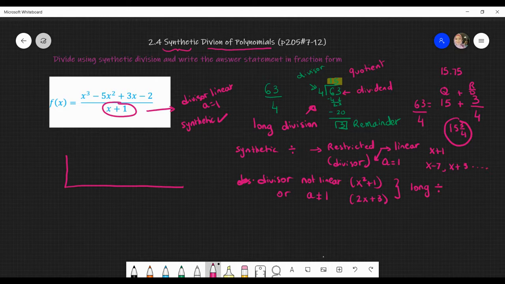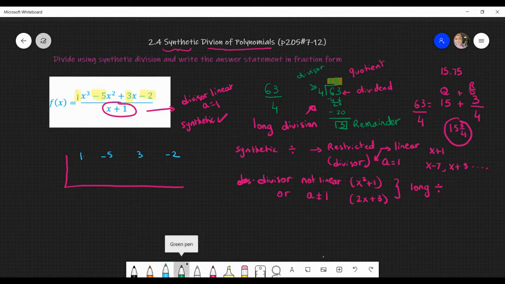And I should put the coefficients in this L shape. So -5, 3, -2, and right here there's nothing there. That means there is a 1. So in my L shape, I'm going to put 1, -5, 3, -2.